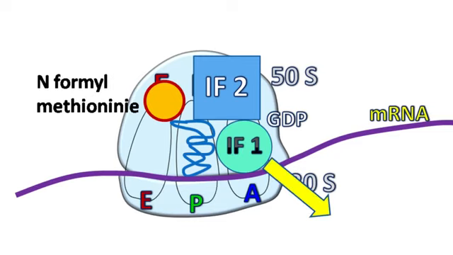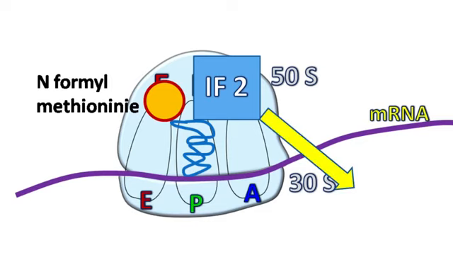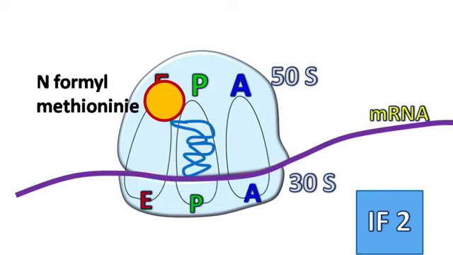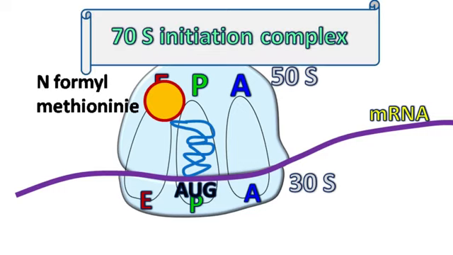As GTP is hydrolyzed, IF1 GDP now releases the A site. Finally, IF2 is also released from the ribosome. This complex so formed is known as 70S initiation complex.